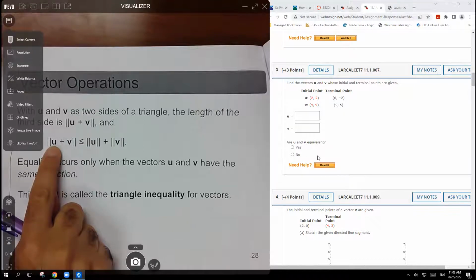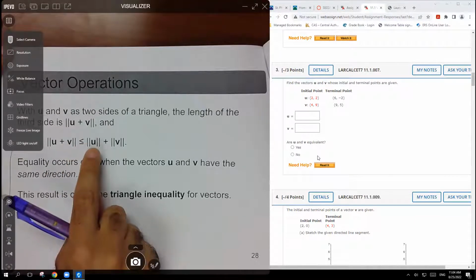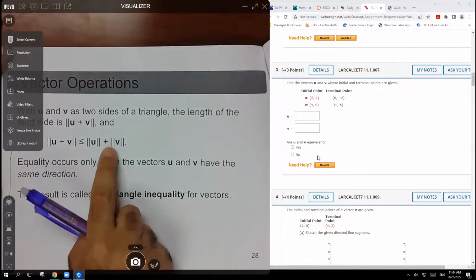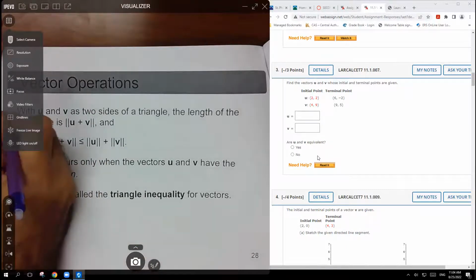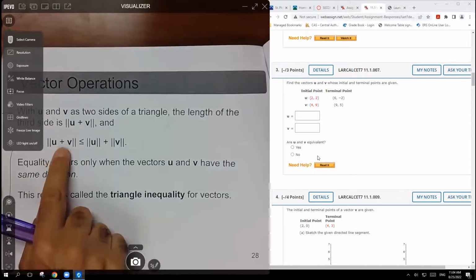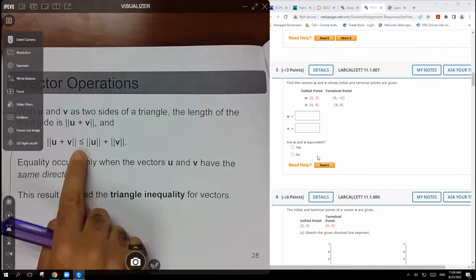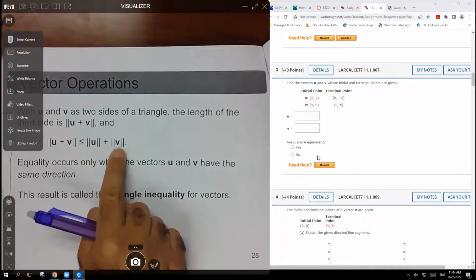The length of the sum u and v is always less than or equal to the length of u plus the length of v.